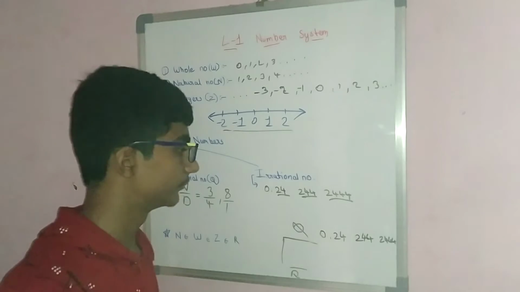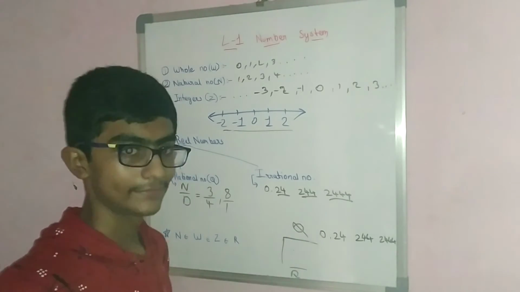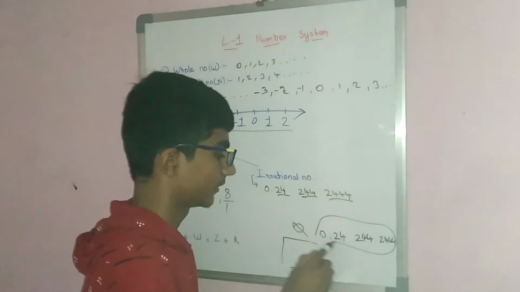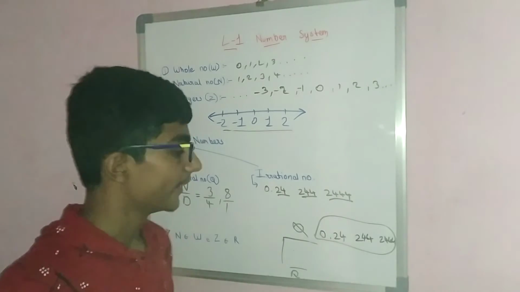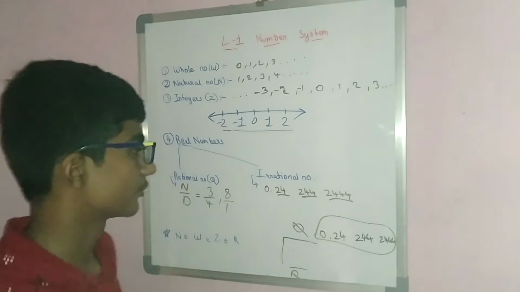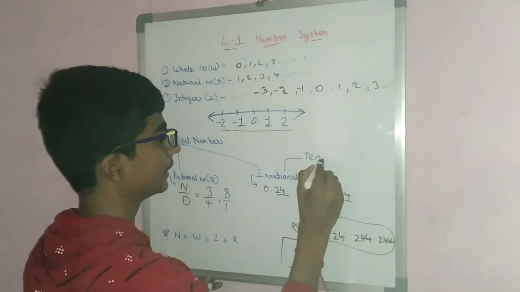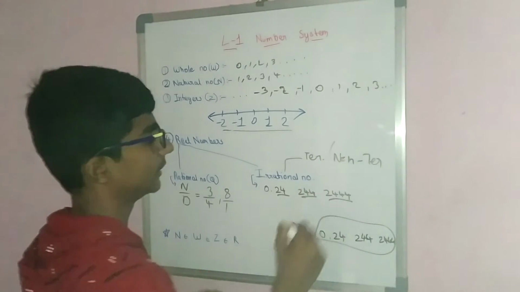What are irrational numbers? Irrational numbers are numbers which are endless. Means in a quotient, if we get this, then it's irrational. But what irrational? It's a non-terminating irrational. Irrational numbers are also divided into two types, terminating and non-terminating.